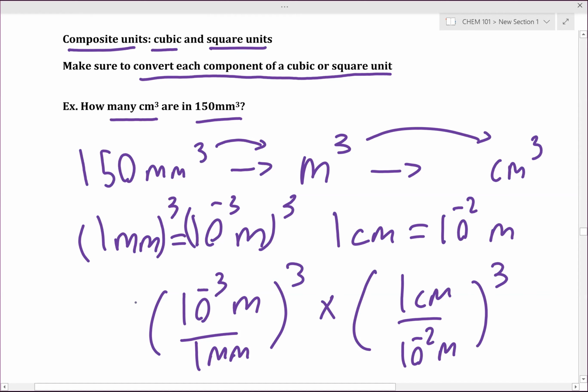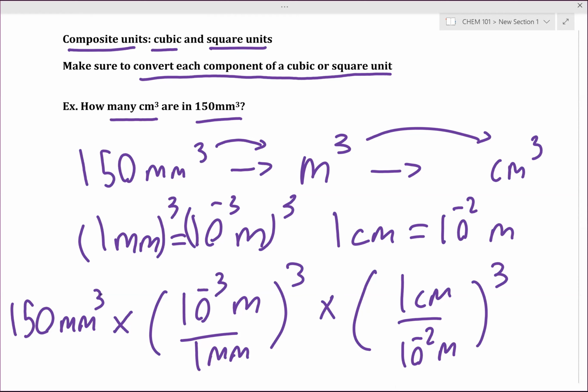Now that we have all of our conversion factors in place, all we have to do is input our original number. So the only thing that's changed in this process is that we now are cubing our conversion factors because we have a cubic starting unit. Does that make sense? Okay. The process for generating these conversion factors is exactly the same as before.